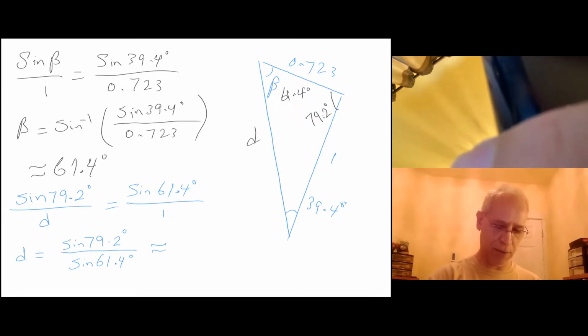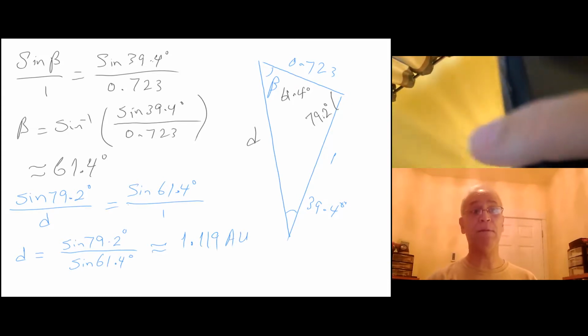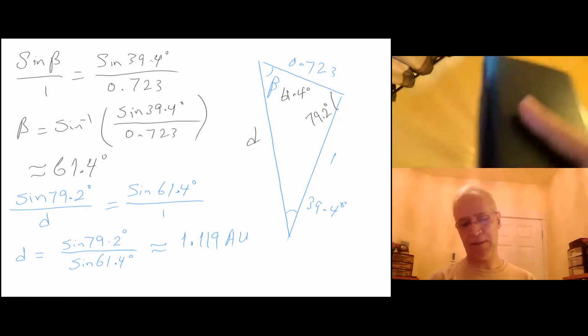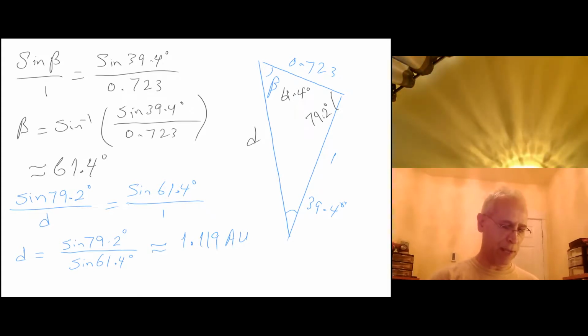Let's go to 3 decimals, so 1.119 AU. So that's the larger distance. Let's go to the next page and take a look at the smaller distance.